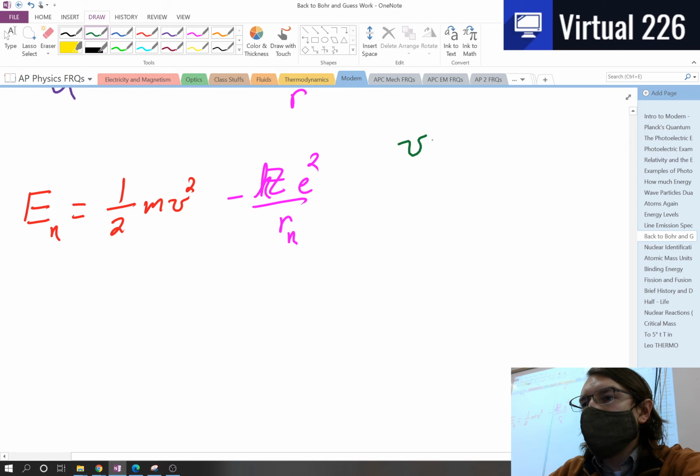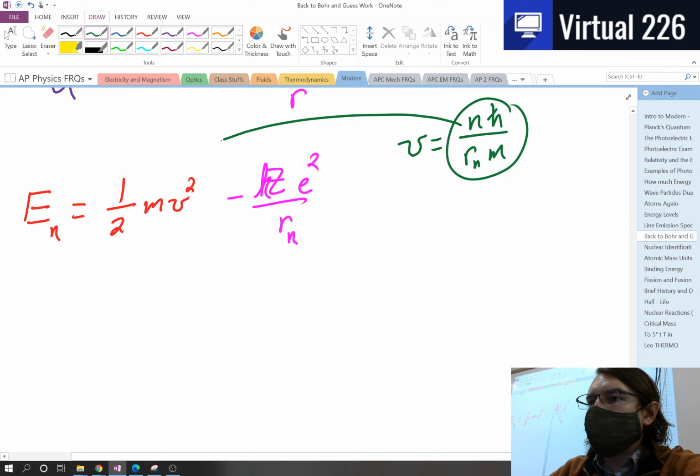Well, we can do what we've kind of already done. We know we can rewrite velocity, due to angular momentum, as n h bar over Rn times m, and we can take that quantity and drop it in here.